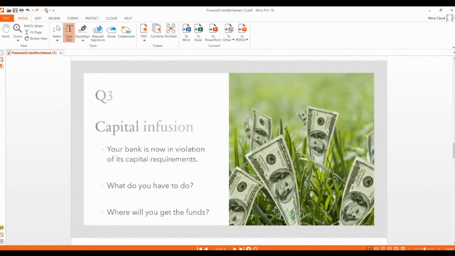So okay, we've established that the company needs to increase its capital. What do you have to do? You have to somehow get more capital from the owners. Do you think the owners would be happy to put capital in this bank? Any money that they put in is going into a bank that's doing badly.